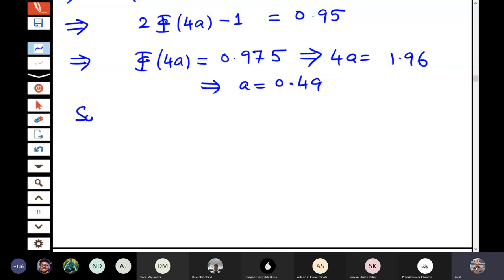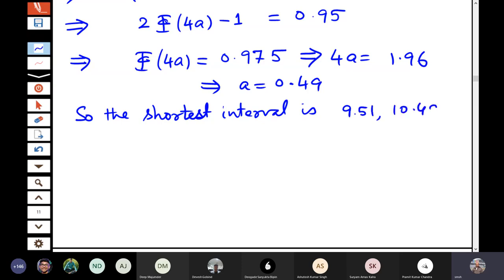So the shortest interval is 9.51 to 10.49. This interval has the probability 0.95. Is this example clear? Yes, sir. Yes, sir.